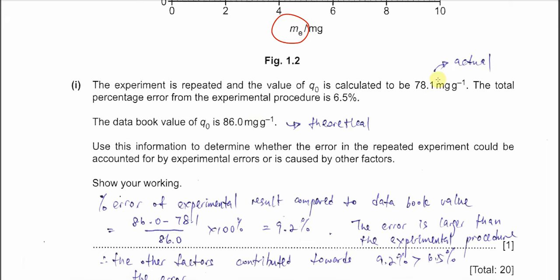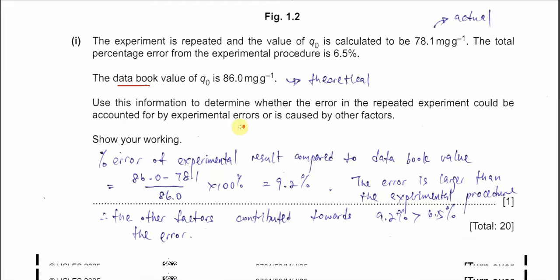This is from the experiment, the maximum mass that is absorbed, and this is from the data book, meaning the theory value. Use this information to determine whether the error in the repeated experiment could be accounted for by experimental error or is caused by other factors.